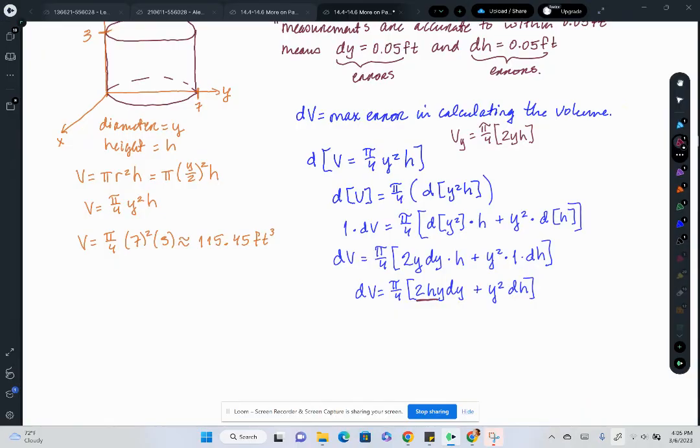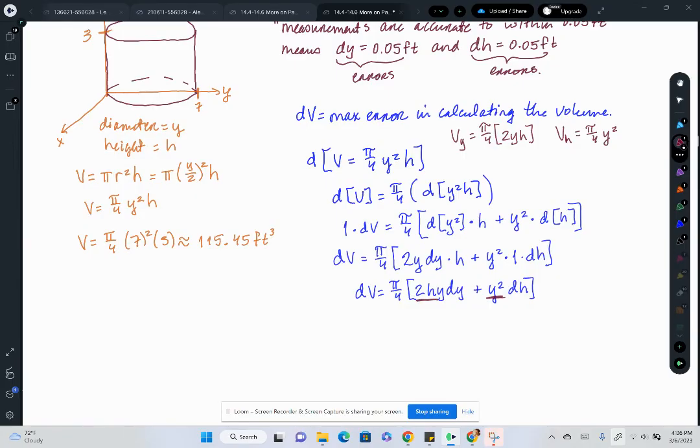The h and the y are switched, but that is our first partial with respect to y. And if I was to calculate v sub h, the first partial with respect to h, there's just an h in there. The derivative of it is 1, so I'm just left with the pi over 4 y squared, which is what I have right here. So I used a different method where I didn't actually memorize a format. I just used the operator like I know how to with derivative operators.